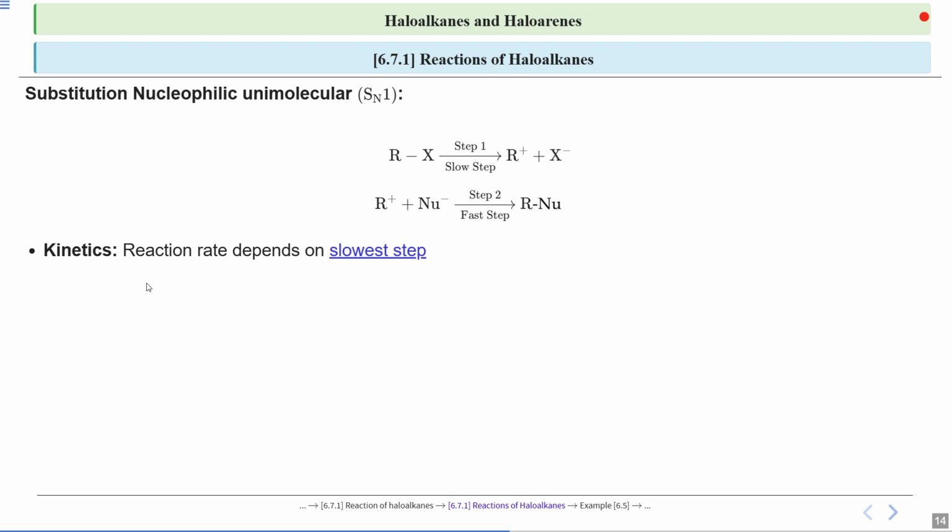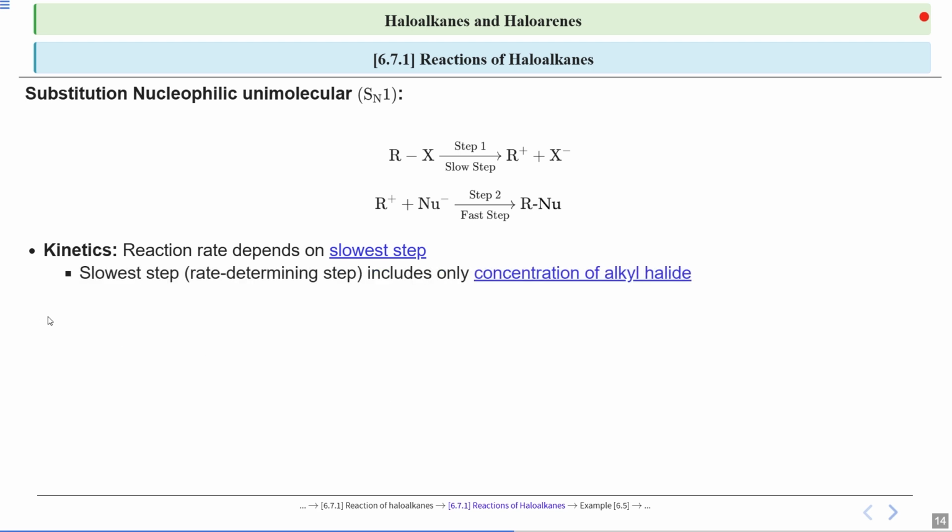Kinetics: the reaction rate depends on the slowest step. If you study chemical kinetics, the reaction rate depends upon the slowest step of the overall reaction, and the slowest step is your first step.